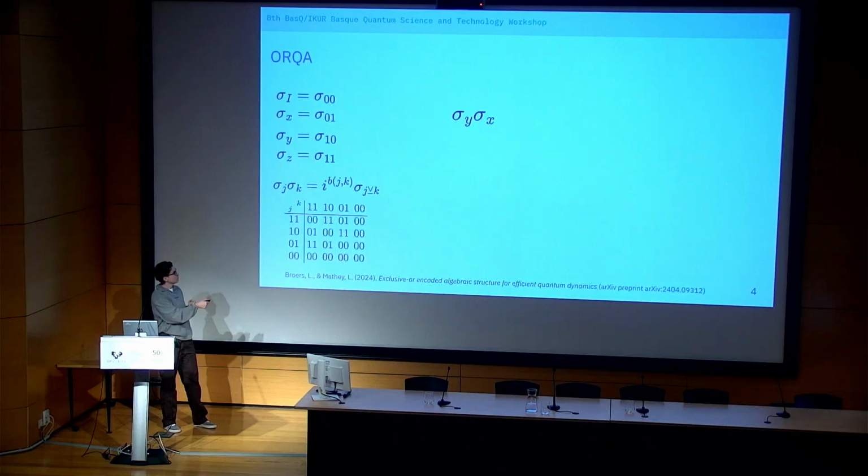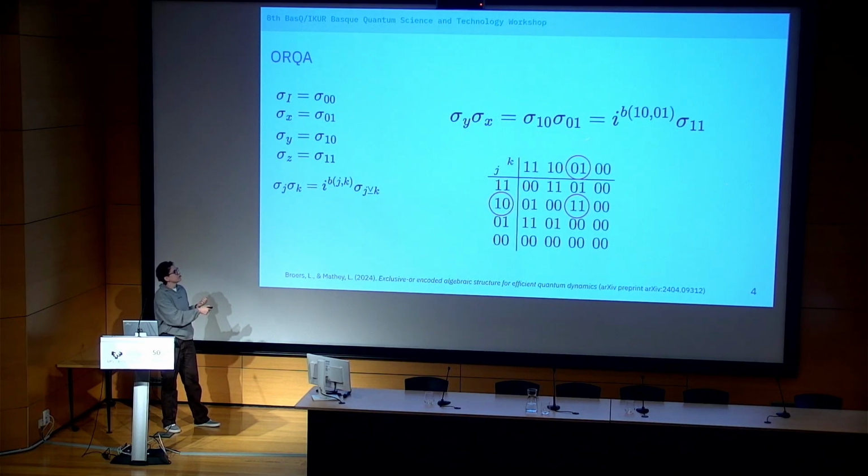So, for example, for this product, we just do this mapping where we rewrite our matrices, and doing the exclusive OR operation gives 1, 1, which is the Z, and then we introduce the phase.